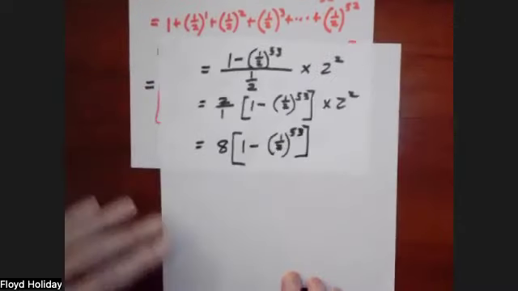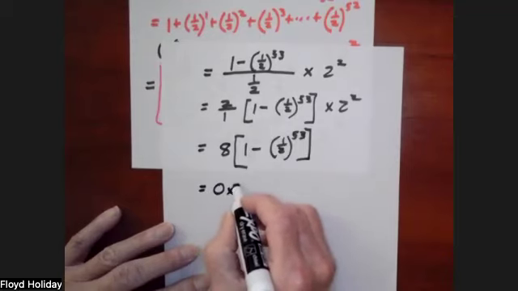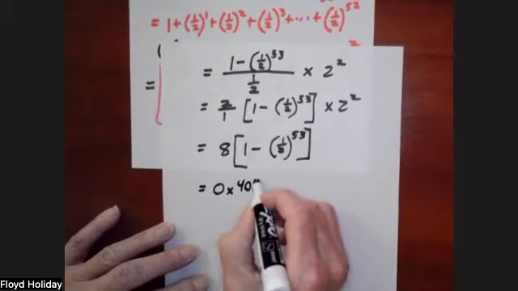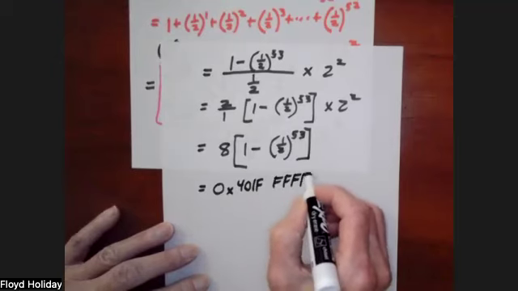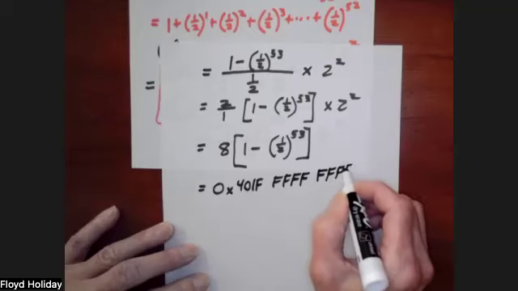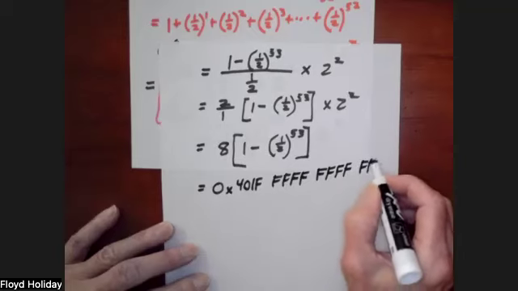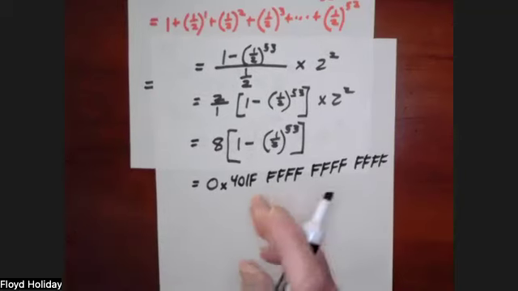So what is this? What we're looking at is 0x401 f, a lot of f's. It's that number.